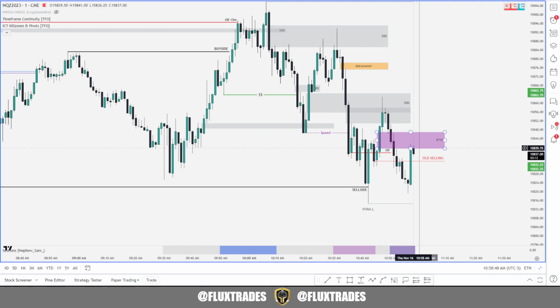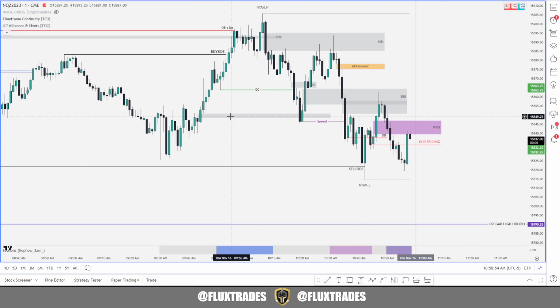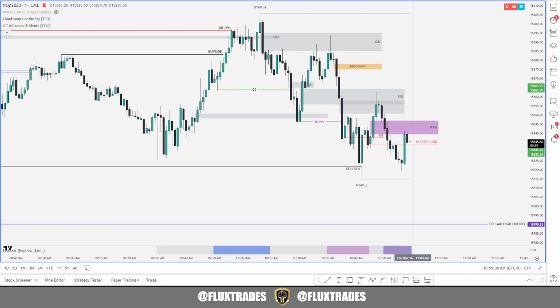Nice candle bodies respecting the discount too. Or we could do it today, maybe around 6 p.m. I'm trying to think of what's a good time.